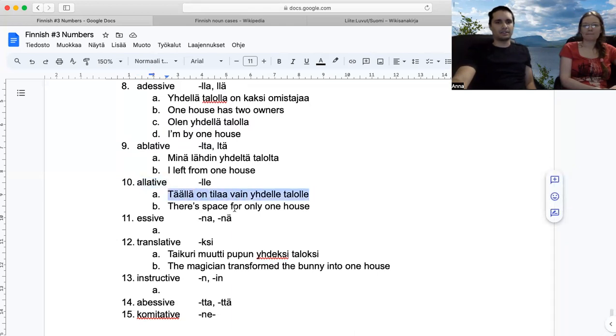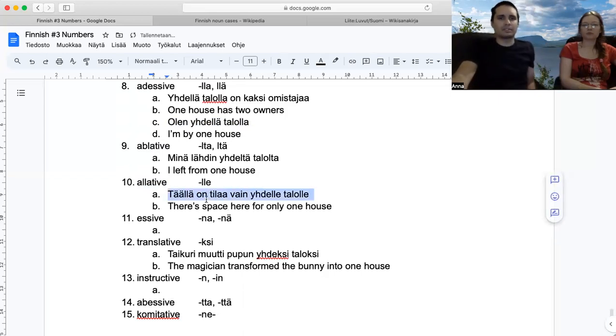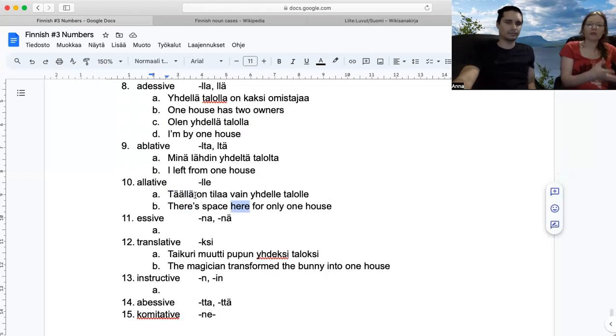Allative. There's space for only one house. There's space here actually. Täällä on tilaa vain yhdelle talolle. Yeah, so täällä is here. Täällä on, there is here something.